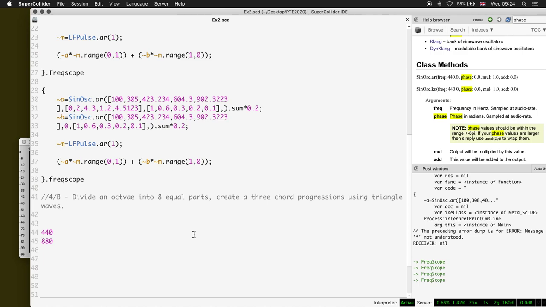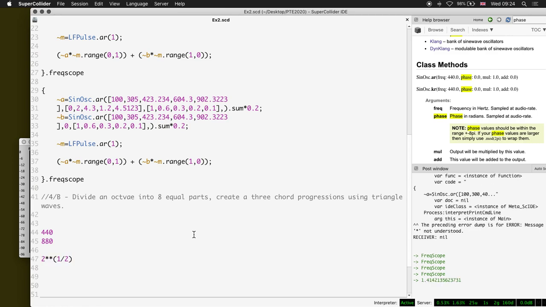Okay, so if I do 880 by 440, that's 2. So that's the ratio between the two frequencies. And then the square root is to the power of half. And this is the square root of 2, 1.4.